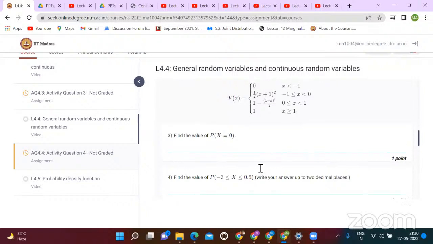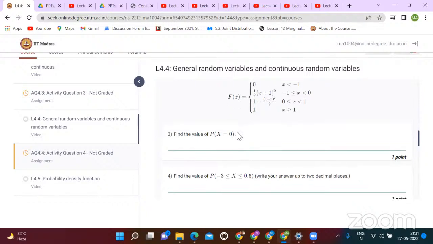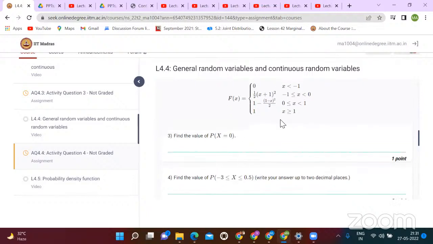If the PDF is given, here the CDF has been given. From the CDF also you can calculate the PDF. How will you do that? You can just differentiate and you will get the PDF. Or there is some other method also to calculate this question. For example, till 0.5 we can calculate the CDF, right?